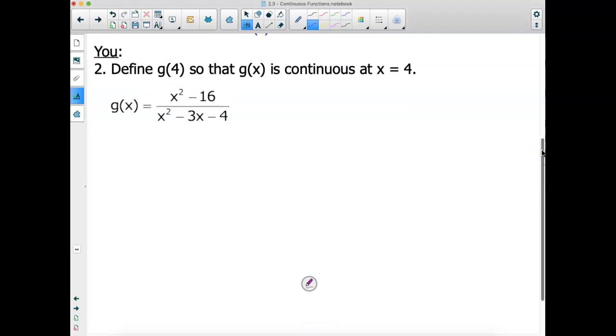Okay, I'm back, and I'm going to do this with you. And just to see, when I plug 4 in, 4 squared gives me 16 minus 16 over 16 minus 12 minus 4. Yep, I get 0 over 0. Remember, that means hole. So in order to fill a hole, we're going to use our concept of a limit.